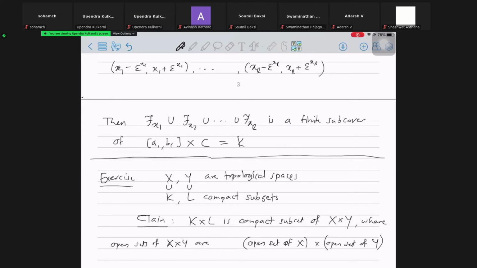Will this satisfy the axioms of a topology? I guess we need to see. So there are two axioms to check.